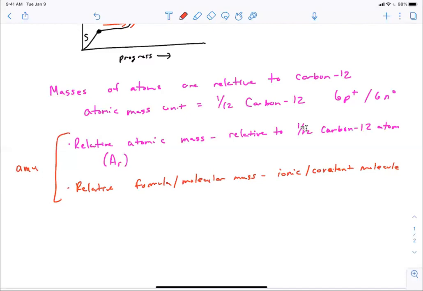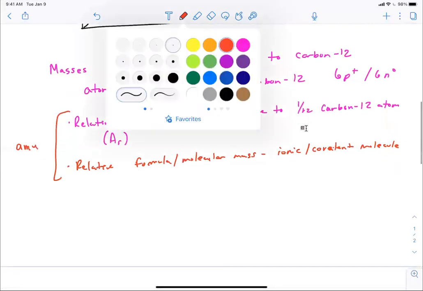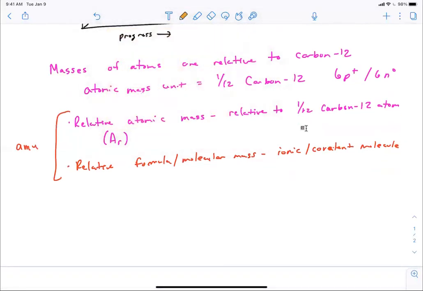Now, what we deal with here is the idea of molar mass. Molar mass is in grams per mole, g mol^-1, because a mole is 6.02 times 10 to the 23rd particles.